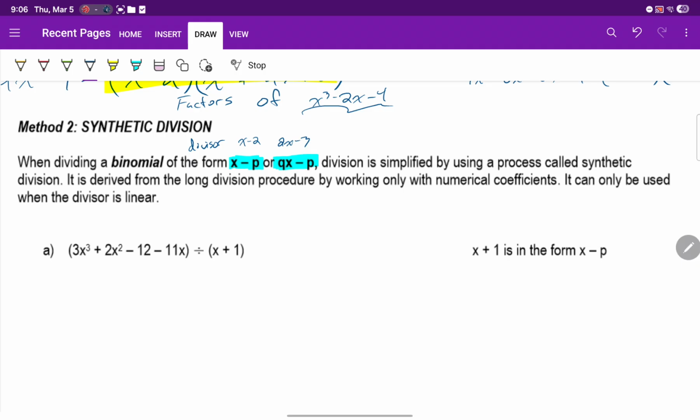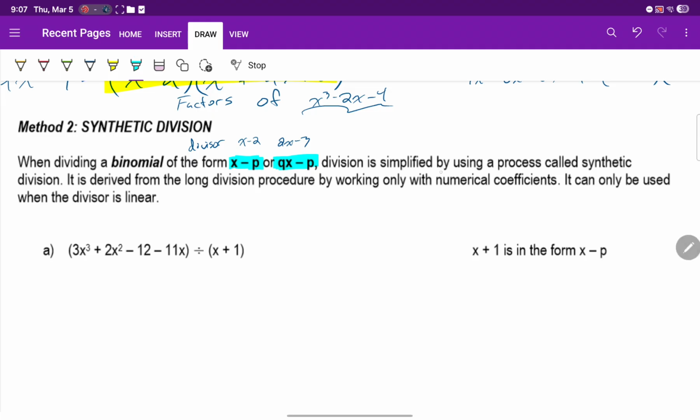Division is simplified by using a process called synthetic division. Basically, some brilliant person derived this synthetic division from long division, and what we're doing is focusing only on the coefficients.